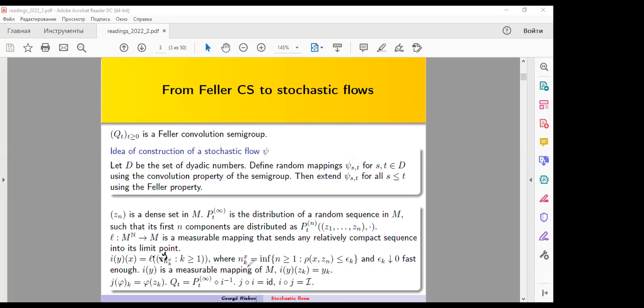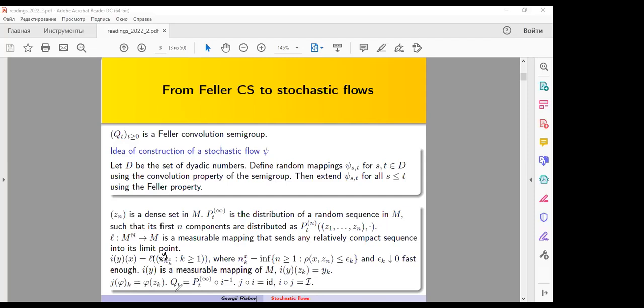So we define approximations, and as a result we get I of y. It is a measurable mapping of M. In this construction, I of y sends zk to yk, and mapping J computes the value of phi at point zk.